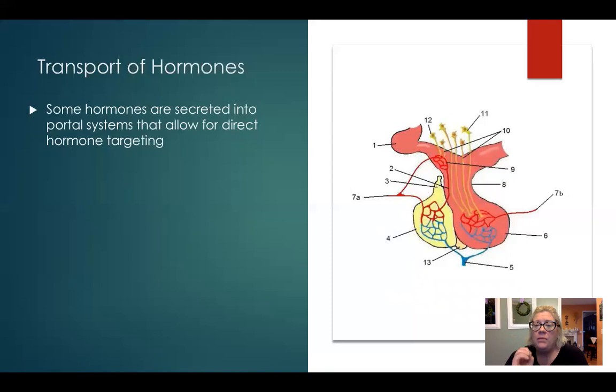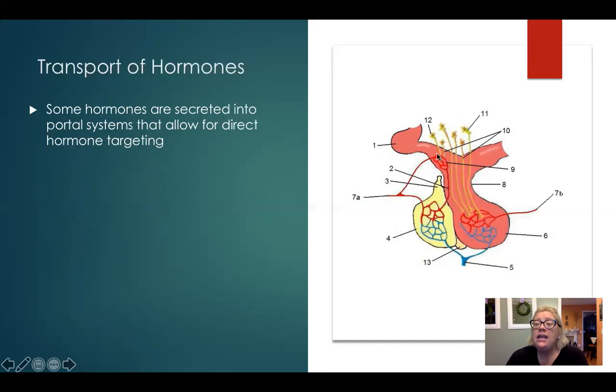The thing about the hypothalamus is that it itself produces a large amount of hormones that actually control what hormones the pituitary gland is going to produce. And so there is a vascular connection connecting the hypothalamus to the pituitary gland.